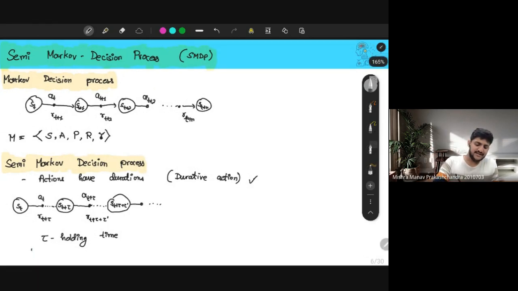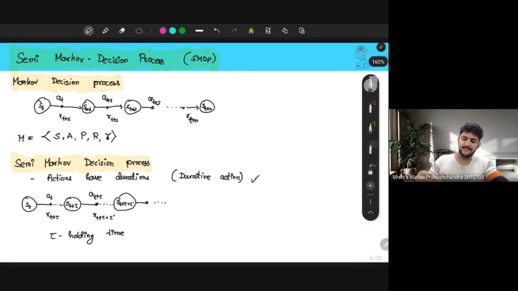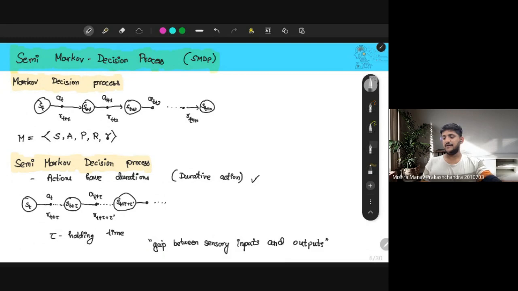Okay, so the real world constraint that an SMDP takes into account is the gap between sensor inputs, or the sensory inputs. Okay, so this is what a semi-Markov decision process does.